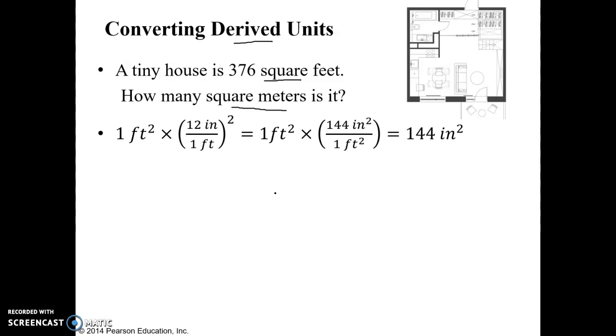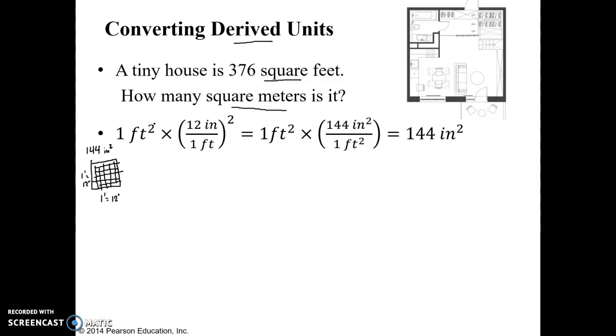So you have to consider that a foot squared is literally a 1 foot by 1 foot square. Okay, 1 foot is equal to 12 inches. So we're talking about a square that is 12 by 12. I know I'm not exactly drawing 12 squares, but you get the idea. So if we have 12 rows and 12 columns, and we multiply that to find the area, that is 144 square inches.